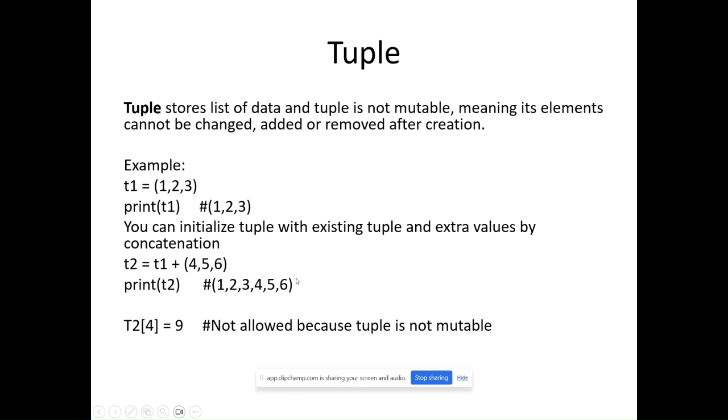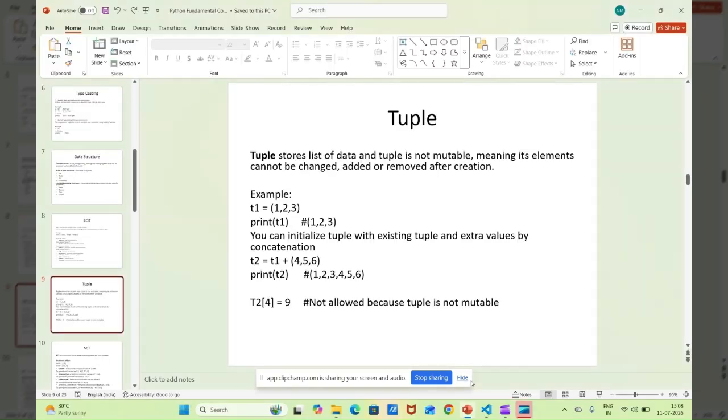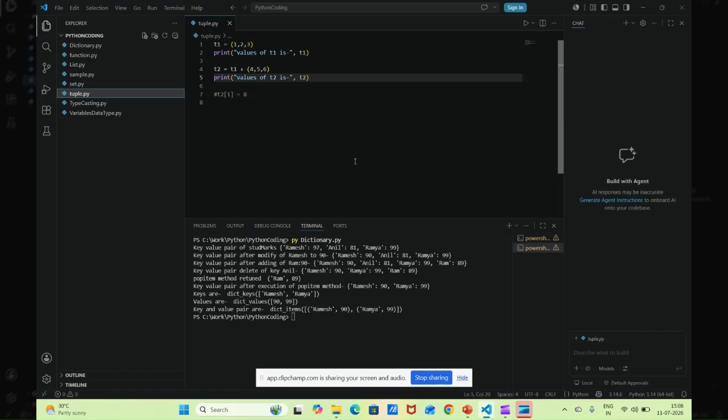Let me explain all these with practical examples. If you see this example, I am creating t1. How do you declare a tuple? If you use open and close parenthesis, Python will understand that the user is trying to create a tuple.